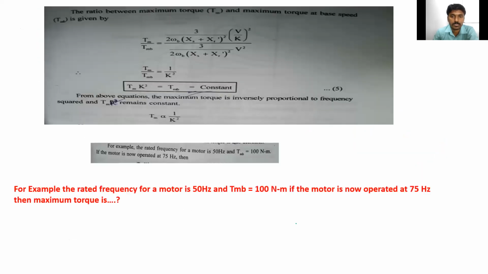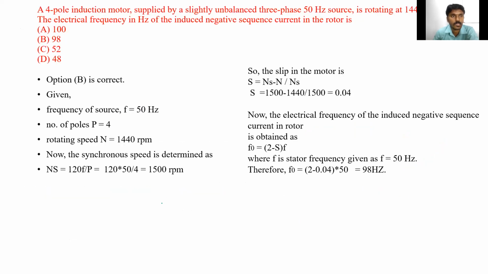Clear? So this numerical we solved yesterday. Here, see one small example. A 4-pole induction motor supplied by a slightly unbalanced 3-phase 50 Hz source is rotating at 1440 rpm.